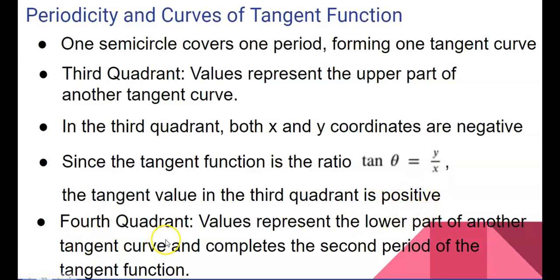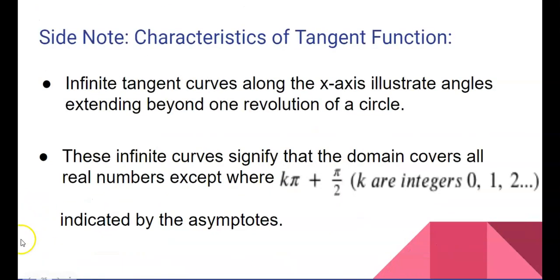In the fourth quadrant, values represent the lower part of another tangent curve, and it completes the second period of the tangent function. The infinite tangent curves along the x-axis illustrate that the angles extend beyond one revolution of a circle. So these infinite curves at the right and at the left signify the domain.